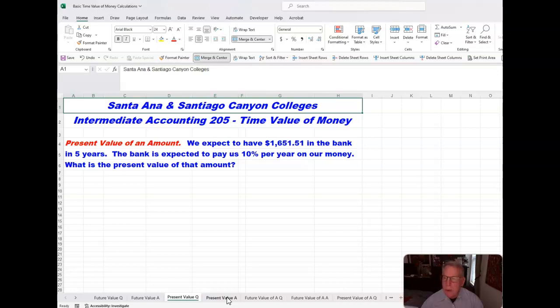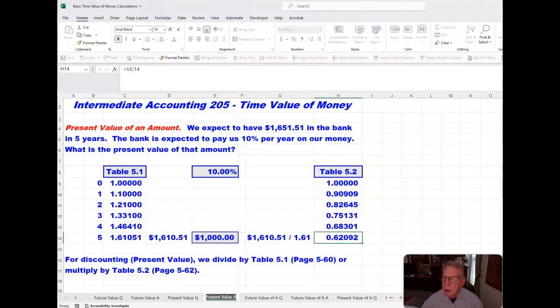So here's how we would do the arithmetic, very similar to what we just did for future value. Here is table 5.1 calculation. All I do to get to table 5.2 is take 1 and divide it by the amount in table 5.1. That will give you these amounts here, and you'll find these amounts in the 10% column in table 5.2.